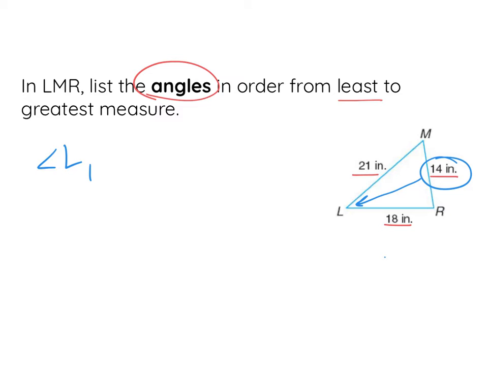The next biggest side would be this 18, which is opposite angle M, and then lastly, we would have 21, which is opposite angle R. So from least to greatest, your angles would be angle L, angle M, and then angle R. And again, we know that because of the side measures that are given to us.